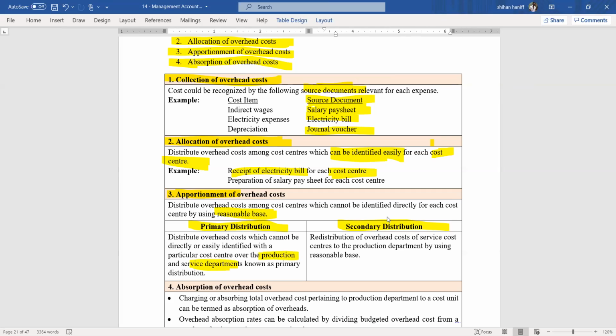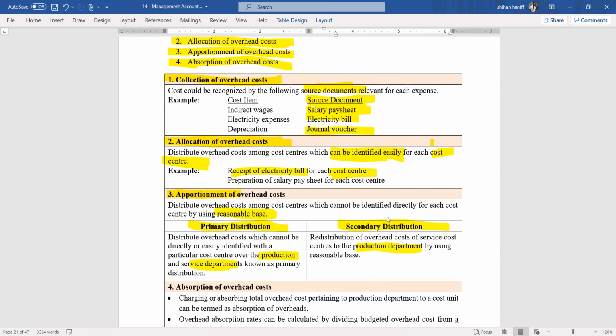Then, since the service department doesn't manufacture any product, the service department cost will be again transferred to the production department. First, you allocate to all the departments. Then from the service department, we allocate the cost to the production department.